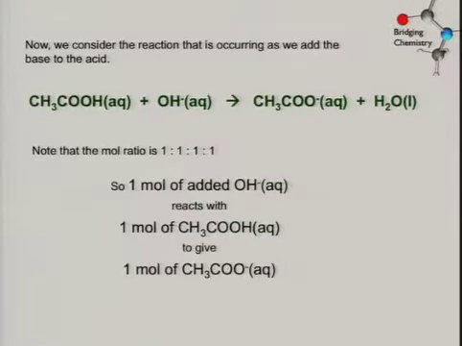And note that the mole ratio is 1 to 1 to 1 to 1. Like we said yesterday, it's pretty much always going to be the case for these acid-base questions. We could make them harder, but then they're only harder than this because of math, not because of chemistry. So why bother, really? So one ethanoic acid reacts with one hydroxide to give one ethanoate and one water.